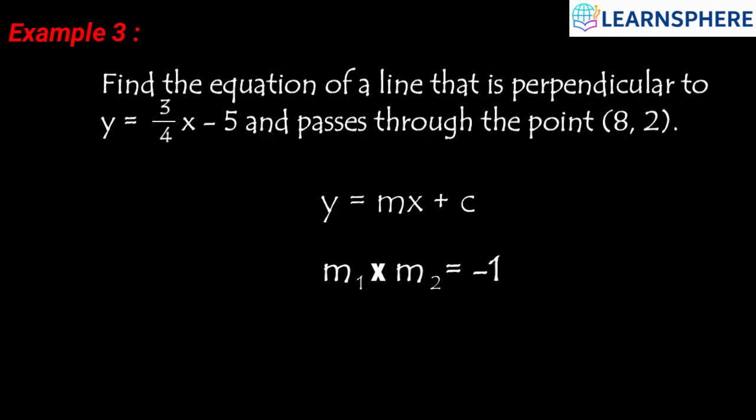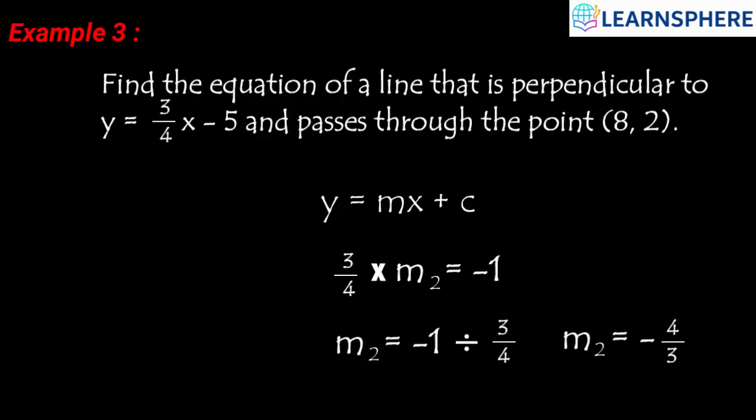We can put the gradient of our first line, which is 3/4, as m1. And m2 is the gradient of the line that we are finding. Therefore, we can write it as 3/4 times m2 = -1, where we can bring 3/4 over, which gives us m2 = -1 divided by 3/4. And therefore, m2 is equal to -4/3.